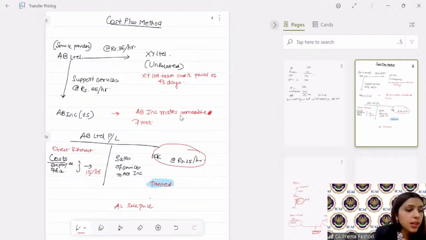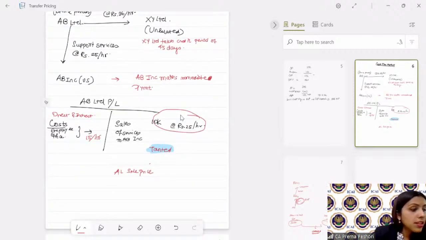Also, let's make two assumptions that the finance charges are USD 2 per month, right?